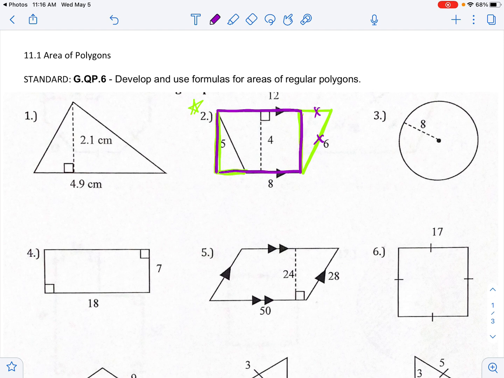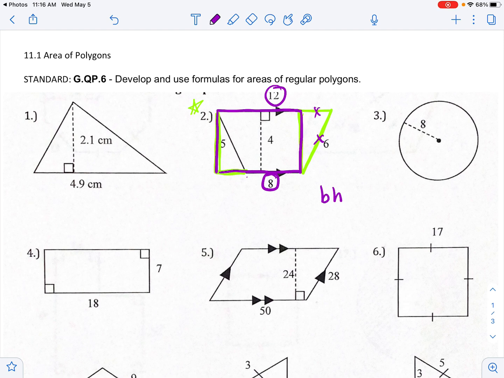And if you're finding the area of a rectangle, remember that it is simply base times height. Now the problem is you need to find the average of these bases.